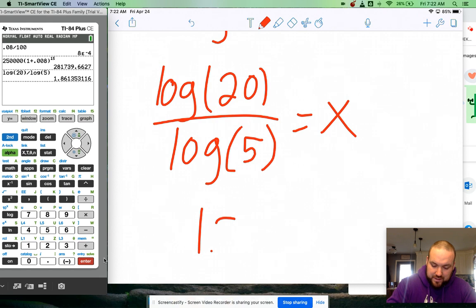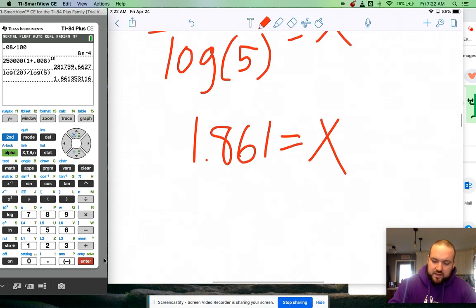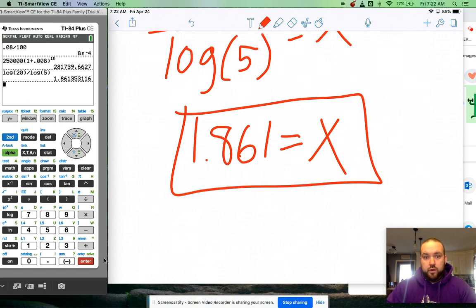That is the power. That means we have to do 5 to the 1.861 power to get very close to 20. And again, we're rounding, so you could say this is approximately equal to x, but for our conversation, we're good there.